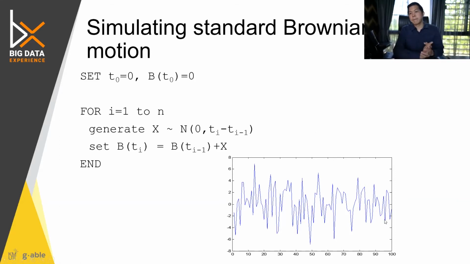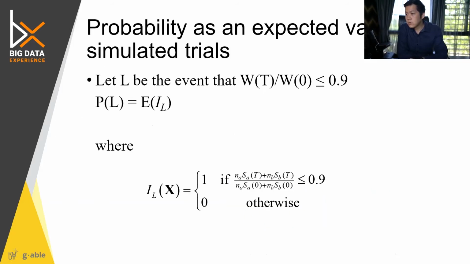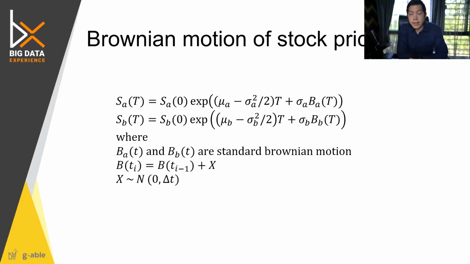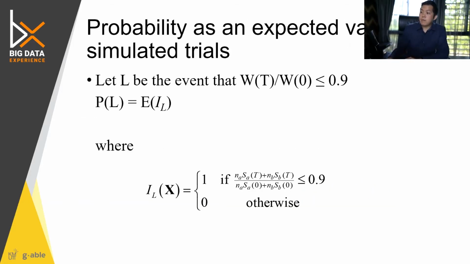Right? All right, then we can incorporate the change into the probability. Using this and then putting it into the probability, you put into STA and STB, and then we can evaluate the number of times the event occurs. That event is the wealth is less than 90% of the initial wealth, right? Suppose we want to see the probability that the worth drops by 10%.